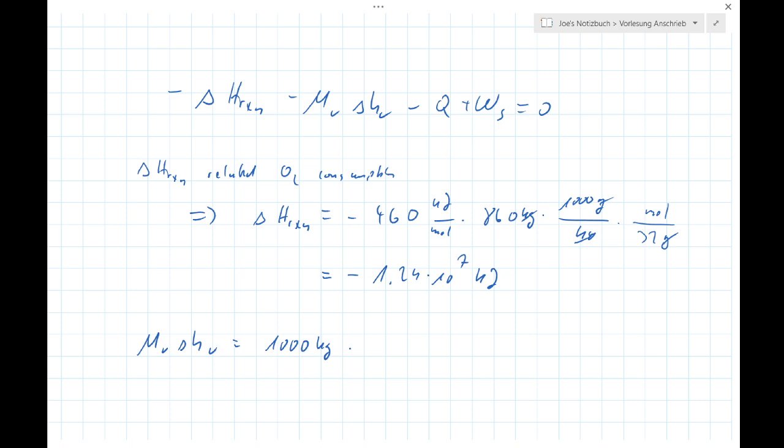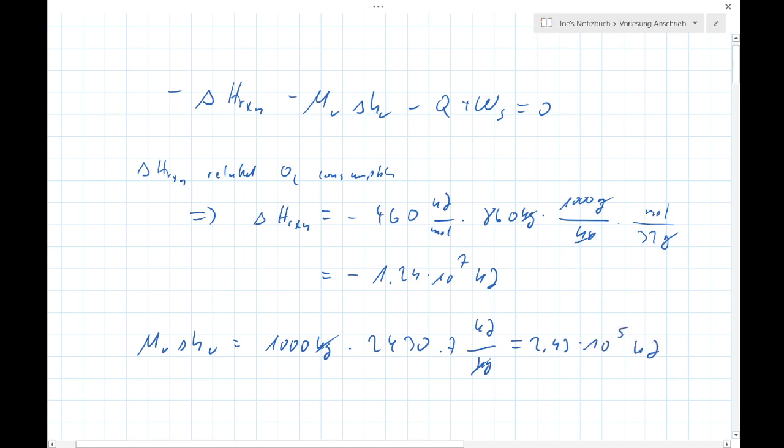And if you look in your table, you see it's 2430.7 kilojoule per kilogram. Our kilogram leaves, and then I end up with 2.43 times 10 to the 5 kilojoule. And this goes in here.